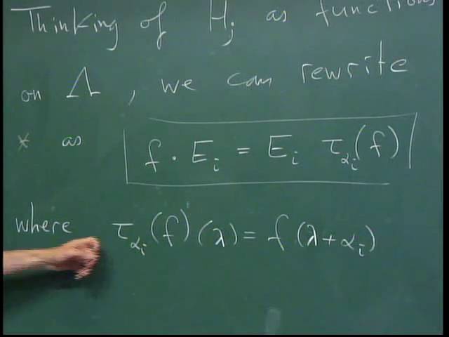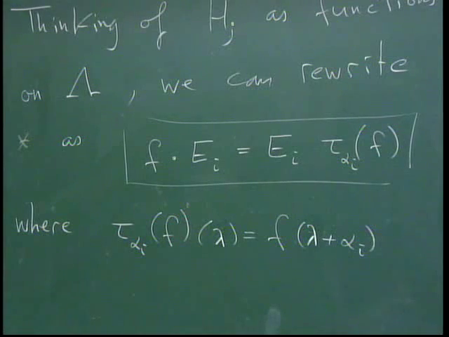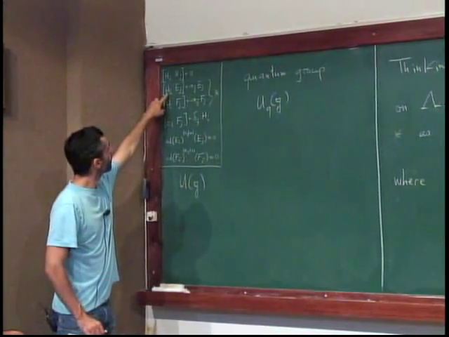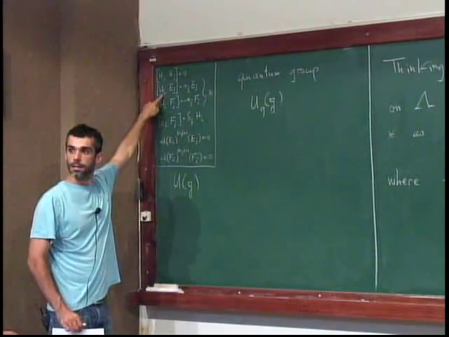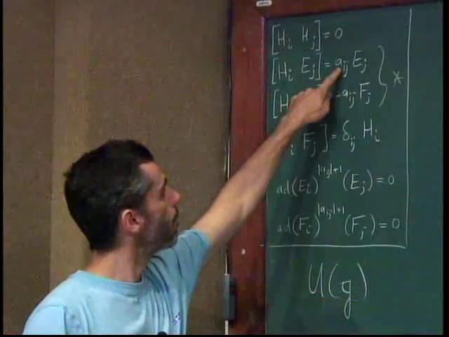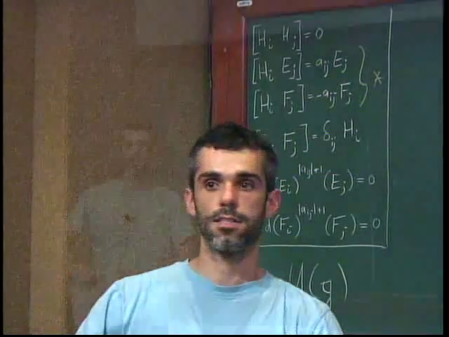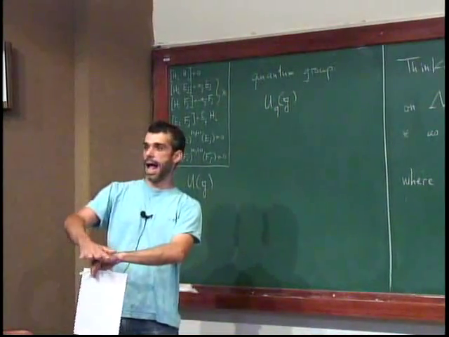so let's define the operator T_{alpha_i} to be the thing that shifts the function. The function h_i and the function h_i plus a_ij, you can think of it as adding a_ij, but actually it's better to think of it as a shift by alpha_i.